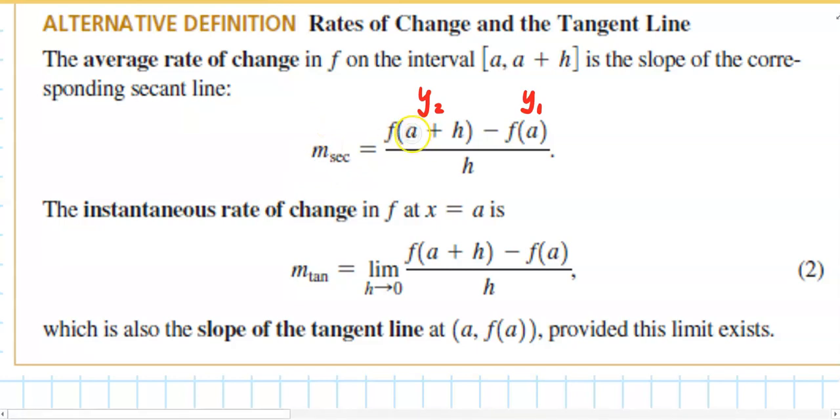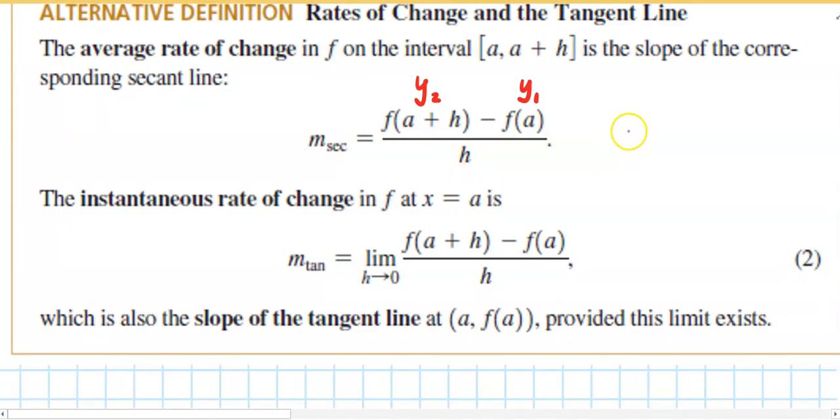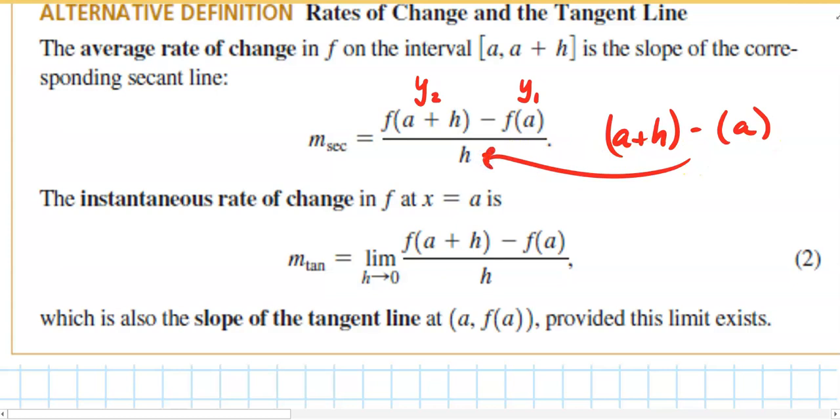If A is our point of focus, some position on the x-axis, and then h is some horizontal distance to the right of that, or left, I suppose. h is some horizontal distance away from A. Well, by substituting A and A plus h into the function, we get two y values. And we would have had two x values, but if you think about this, our first x value is A plus h, and we subtract our second x value, which is just A, and that's where this h component comes from.